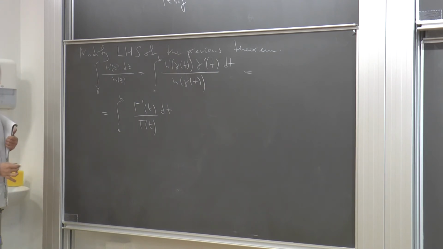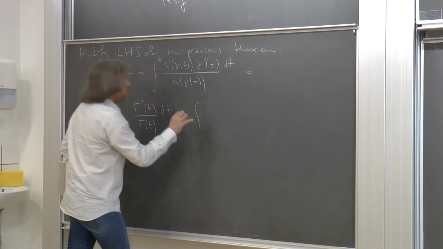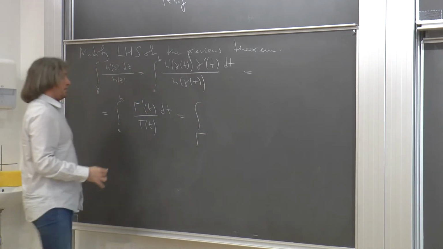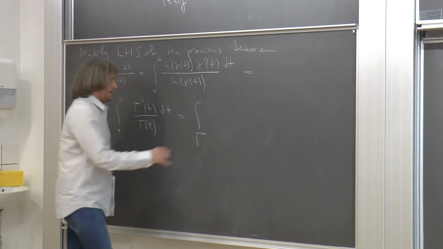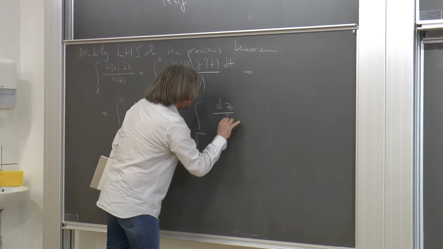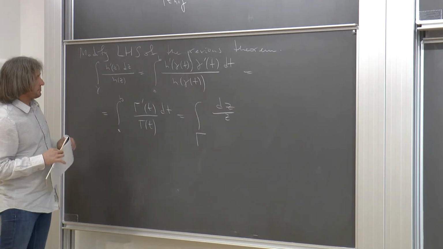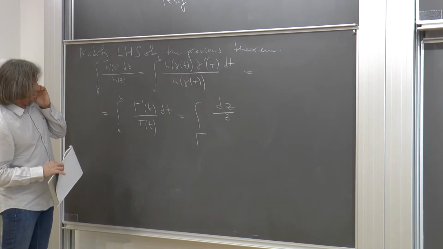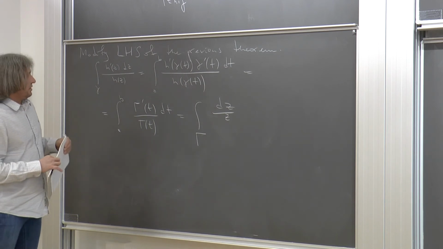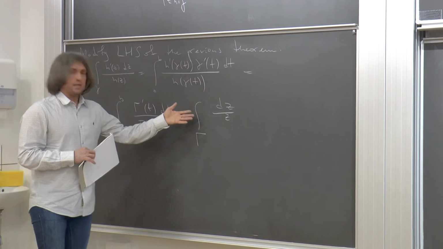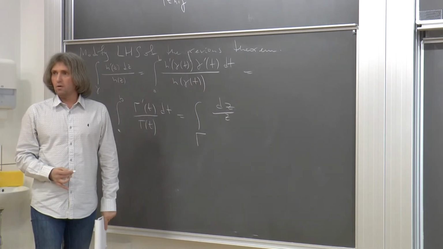So then this is the same as simply the integral over capital gamma dz over z. So we know what this is. This is called variation of argument or winding number.